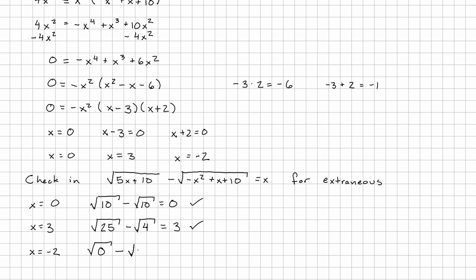Plus 10, we have root 4. And we want to see, does that equal negative 2? So root 0 is 0. Root 4 is 2. 0 minus 2, that sure is negative 2. So again, all three are solutions, and no extraneous solutions appear.